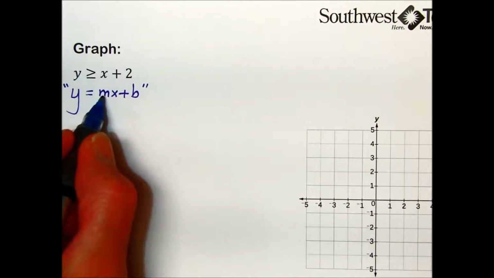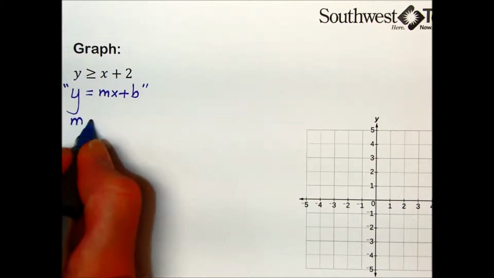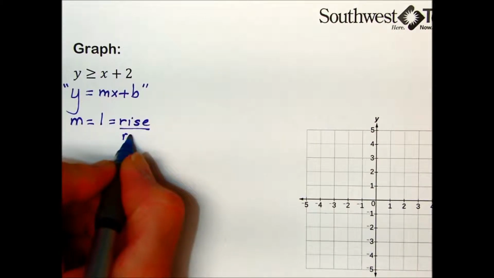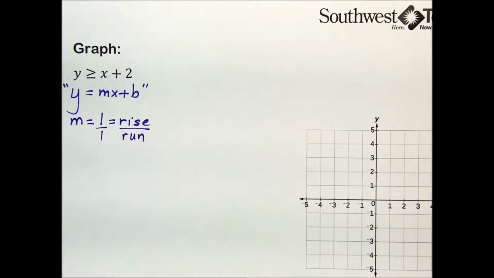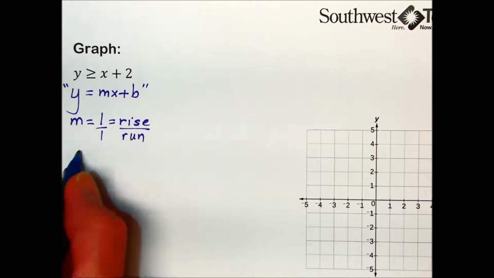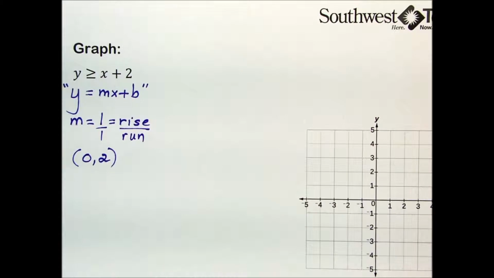But if I continue on here, since y is by itself, the coefficient of x, which is our slope, is equal to 1. That will be our ratio for our slope of rise over run. 1 has a denominator of 1, so there we have a ratio. The signs agree here, so b is equal to 2, so our y-intercept is going to be at (0, 2).